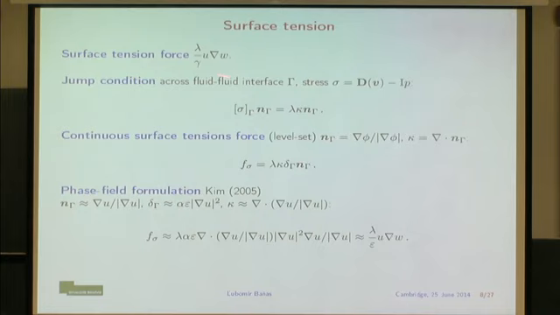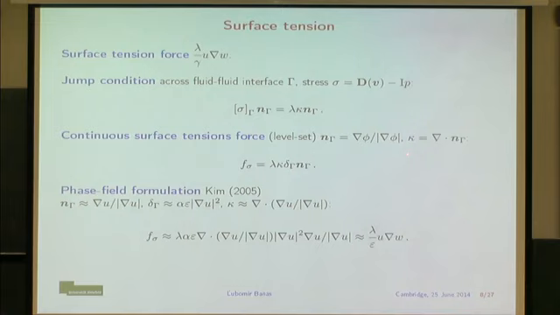There is a relation between this formulation and the jump condition for the sharp interface. So we have this jump of the stress that you have seen in the beginning across the interface, which is proportional to the curvature. And in the level set approach, we can approximate these quantities using the level set function.